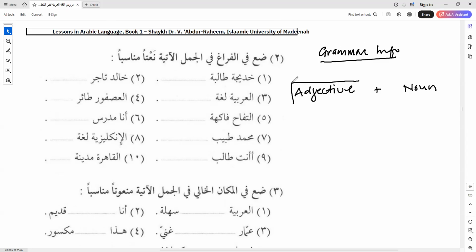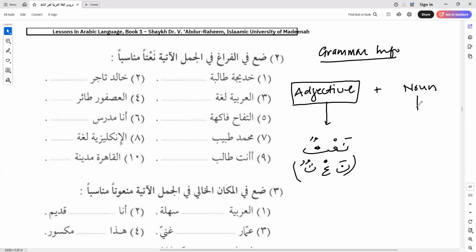So in لغة العربية, the adjective is called na'atun. That's your grammar info. Na'atun, an adjective. You need to also know noon, ain, and then ta, na'atun.